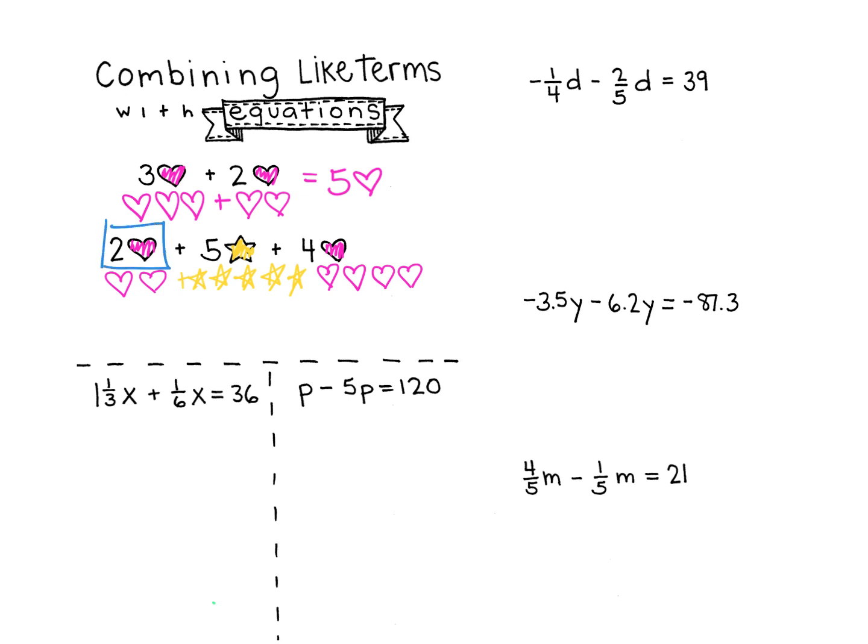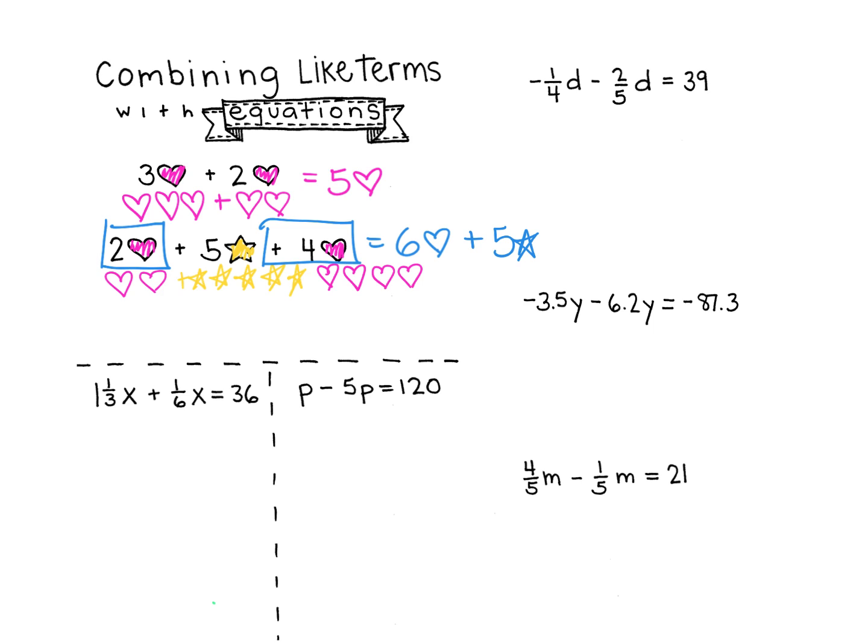So these 2 hearts right here and these positive 4 hearts right here equal 6 hearts. And then we also have 5 stars, which we can't combine with hearts because they're not the same thing. So this is 6 hearts plus 5 stars.